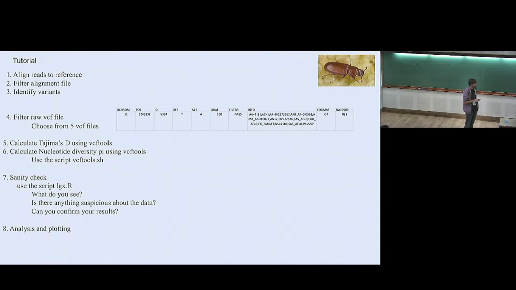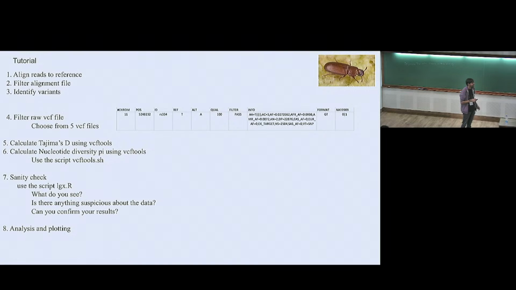There's a quality score. There is a flag for filter, where I have a filtration step. I don't want bad quality SNPs, right? I only want to work with good quality SNPs. So that was exactly the VCFtools step that I wanted you all to do. If a SNP passes all my filtration criteria, you would see a PASS here.